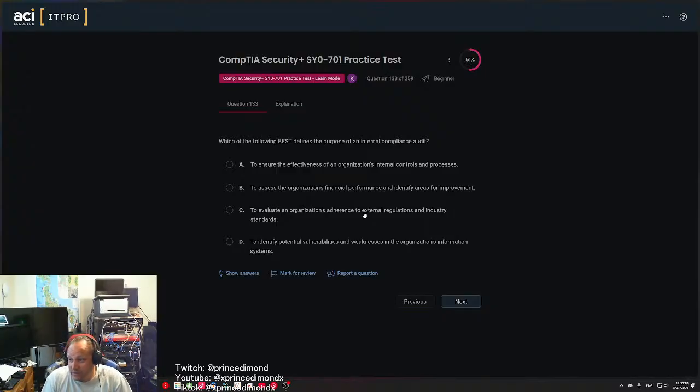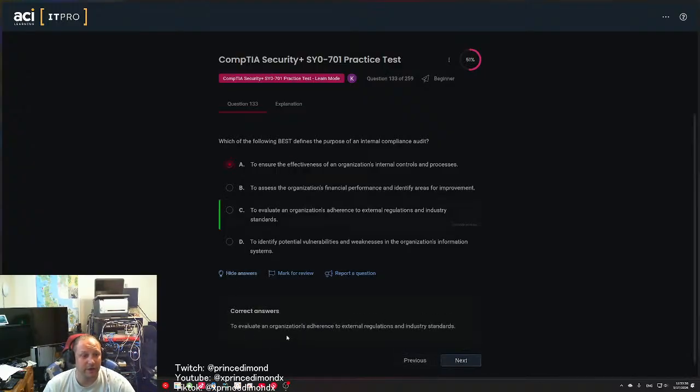Now, those internal processes should align with external regulations and industry standards. But if you can't even begin to examine the external if your internal controls are a mess in the first place. So we're going to go with A, and let's hope that that's right. And of course, my brain decided to logically mess me over with that one. Thanks for that.